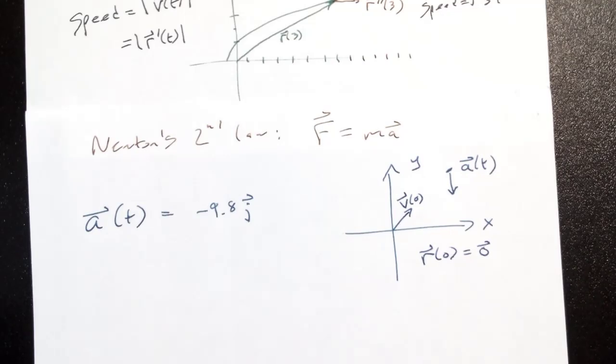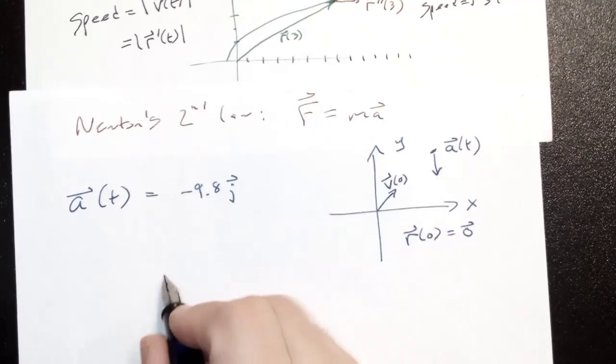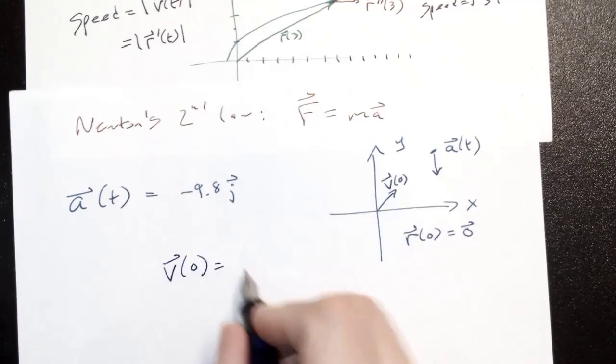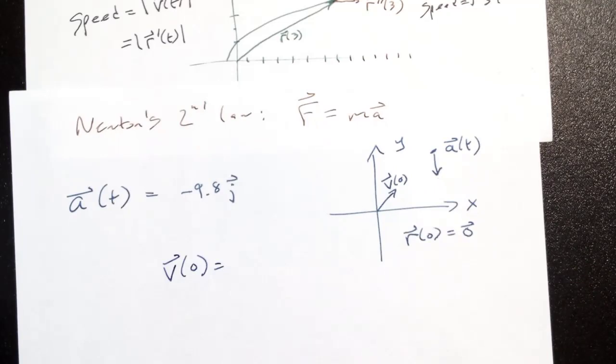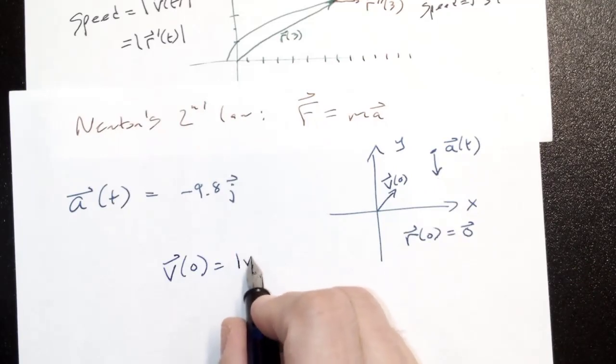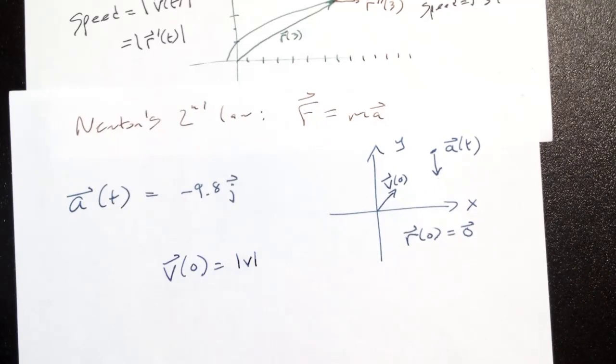Now, I don't know what that initial velocity was, do you? I also don't know what angle it left my hand at. So I'm going to make my life easy, and I'm going to say that at time 0, we had some angle and some length. We had a speed of v. We'll even call it v naught.